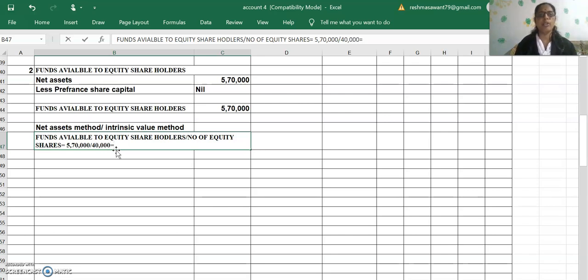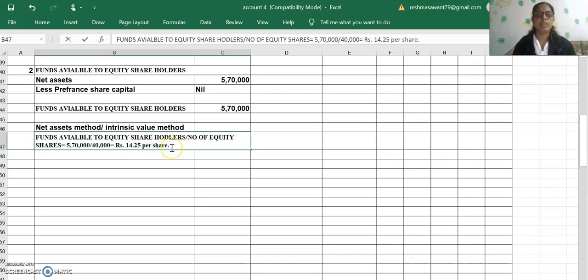So the intrinsic value of each equity share, or per share value as per the net asset method, is rupees 14.25 per share.